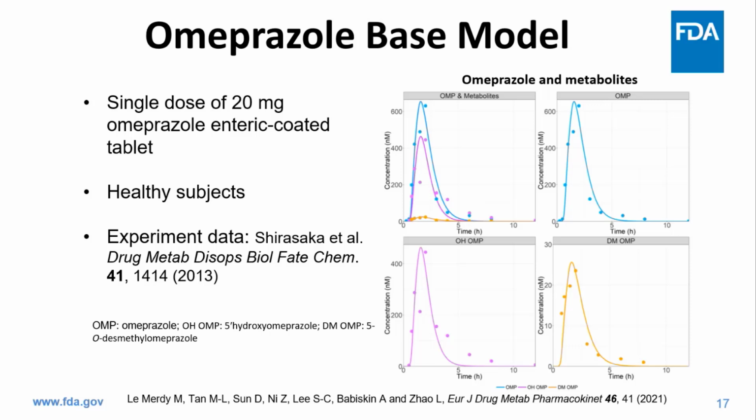Shown here is the concentration time profile following a single dose of 20 milligram omeprazole in enteric-coated tablets in healthy subjects. On the top right is for the omeprazole, and on the bottom of the figure is for its two metabolites, OH omeprazole and DM omeprazole.